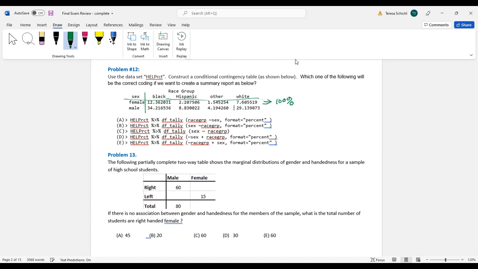So you know the percent is computed using what? By using the total groups, right? That's why I know I need a command like sex plus race group, right? Here the race group I think is GRP.